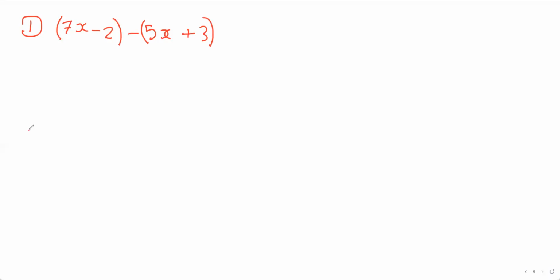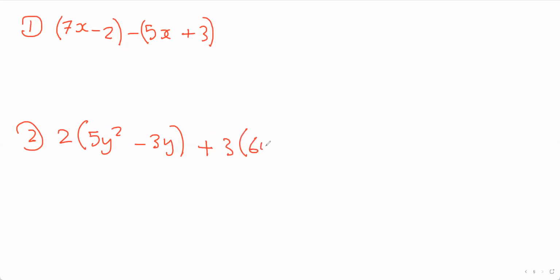And then question 2 will be 2 times (5y squared minus 3y) plus 3 times (6y minus 2y squared).